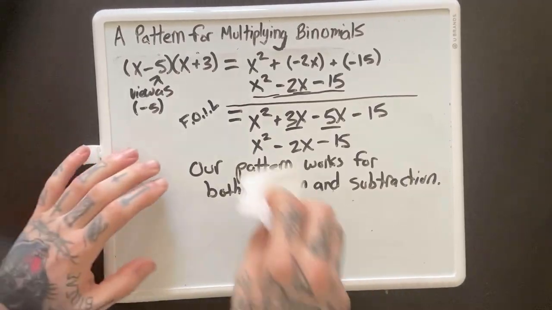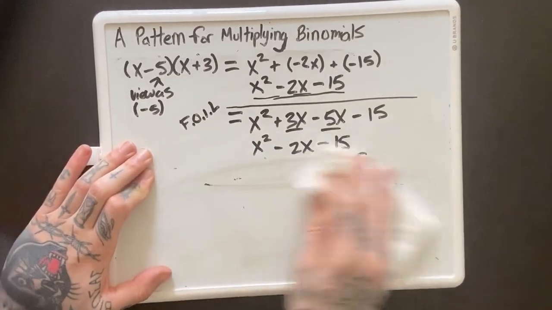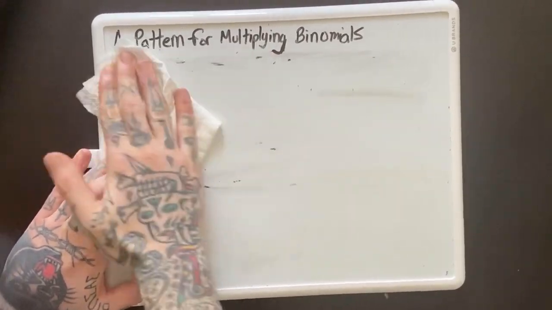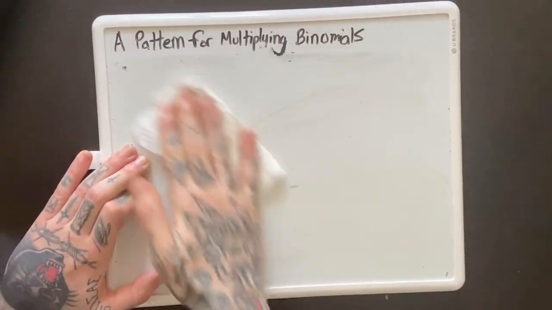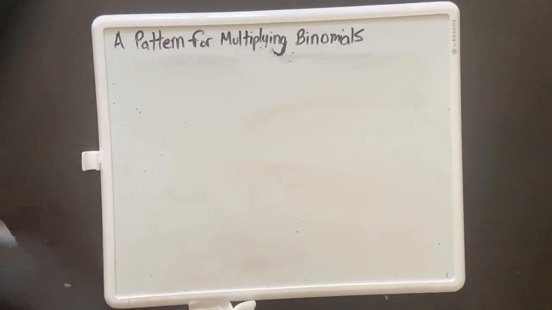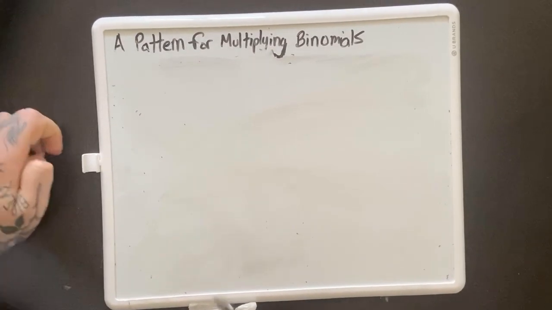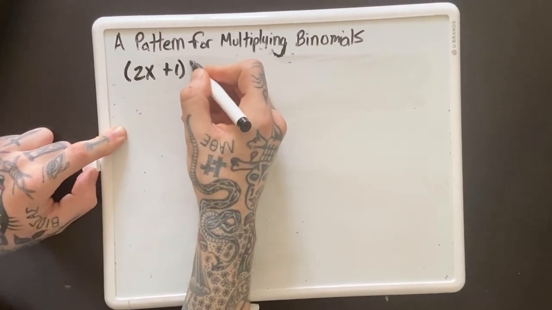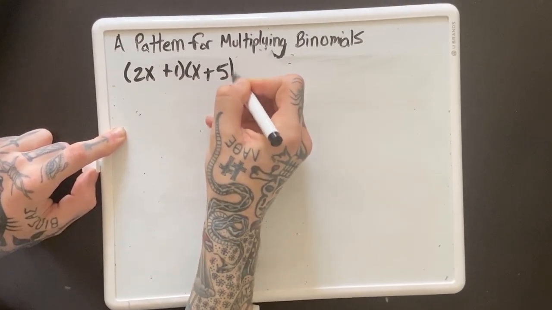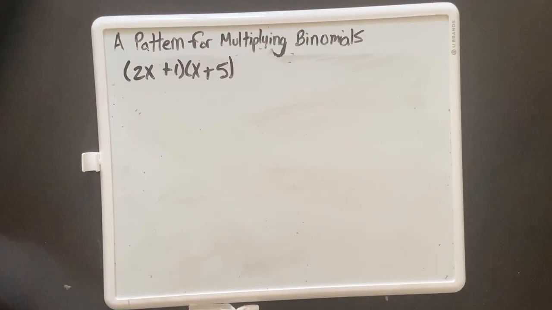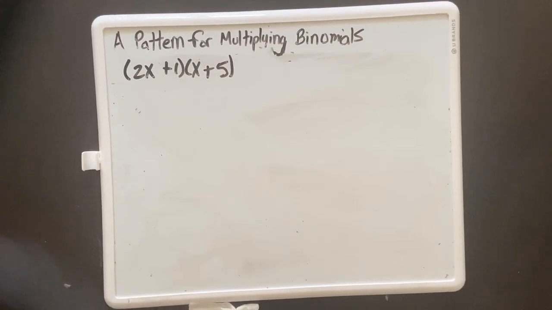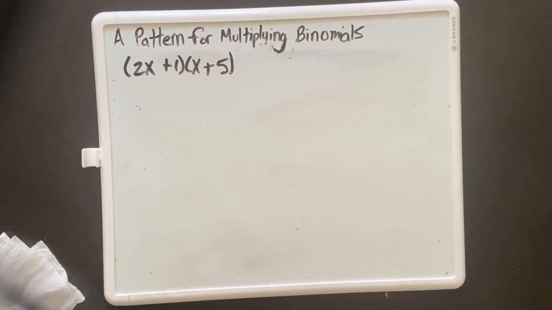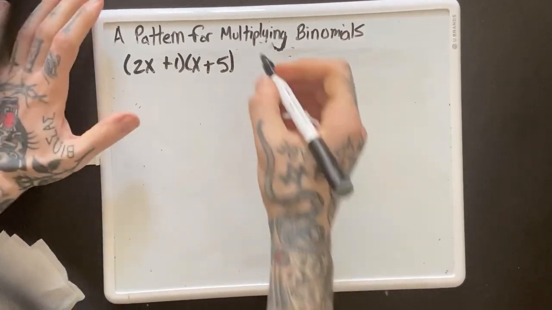So now we're going to look at a new one. The new pair is 2x plus 1 times x plus 5. Let's try the new relationship first.